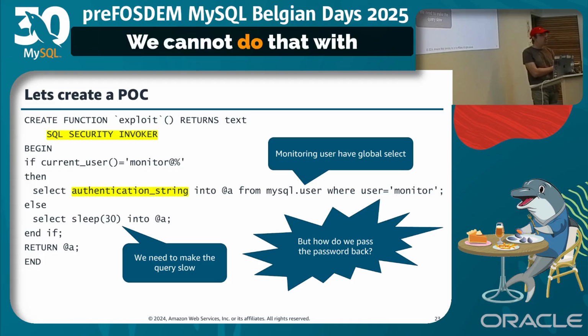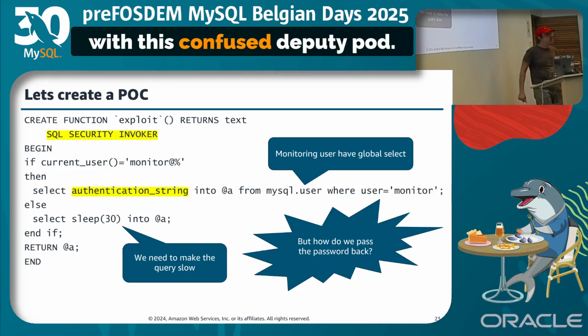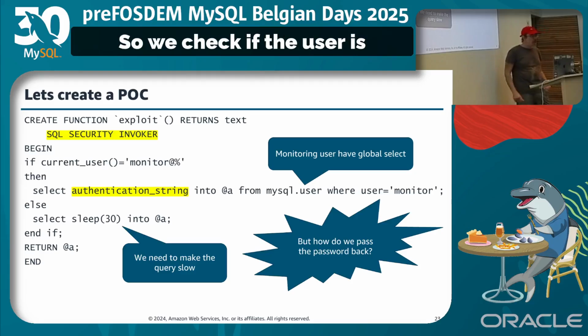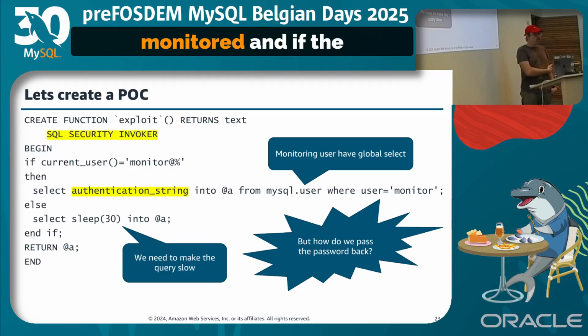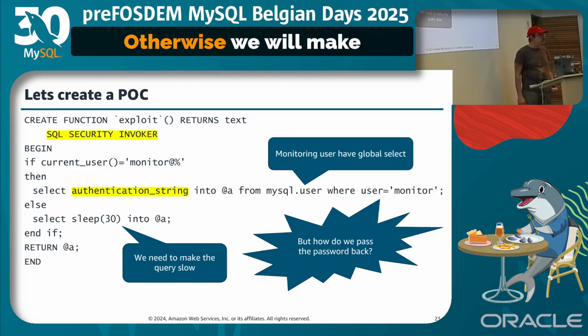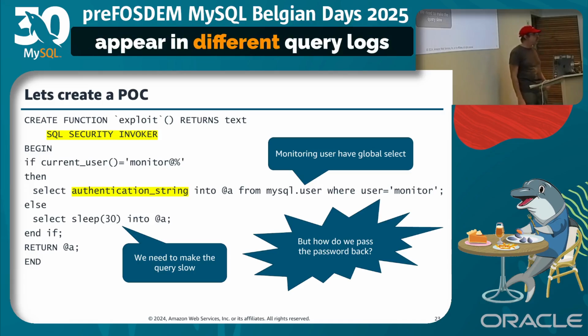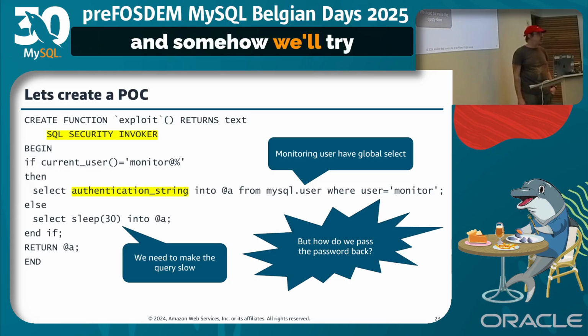We cannot do that with the current setup, but we are trying to do that with this confused deputy code. So we check if the user is monitored, and if the user is monitored, we retrieve the password. Otherwise, we will make this query slow, so it will appear in different query logs, and someone will try to execute explain.